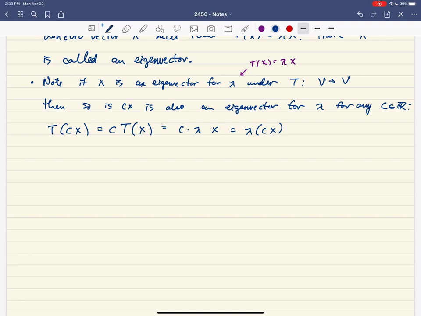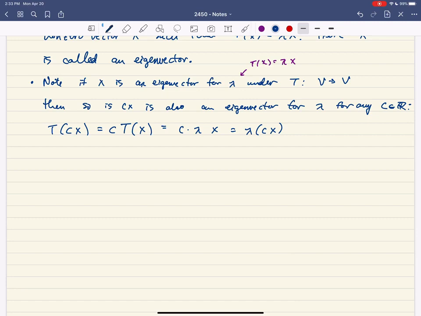So T of Cx is equal to lambda times Cx, and that tells you that Cx is also an eigenvector for lambda. So eigenvectors are far from unique.